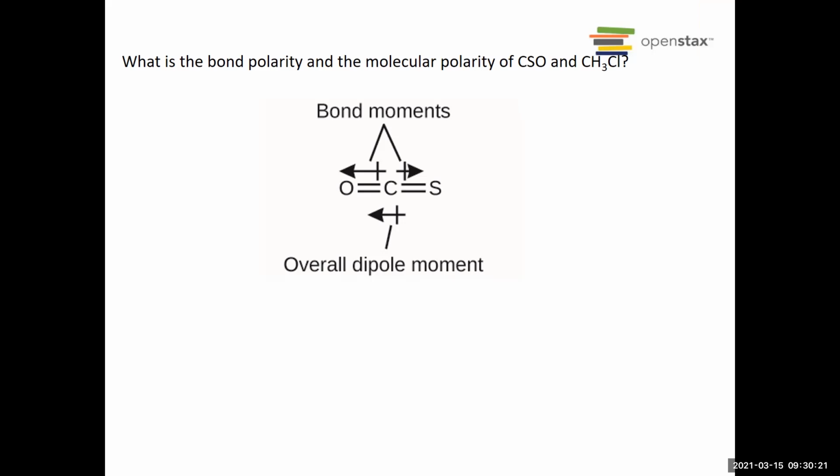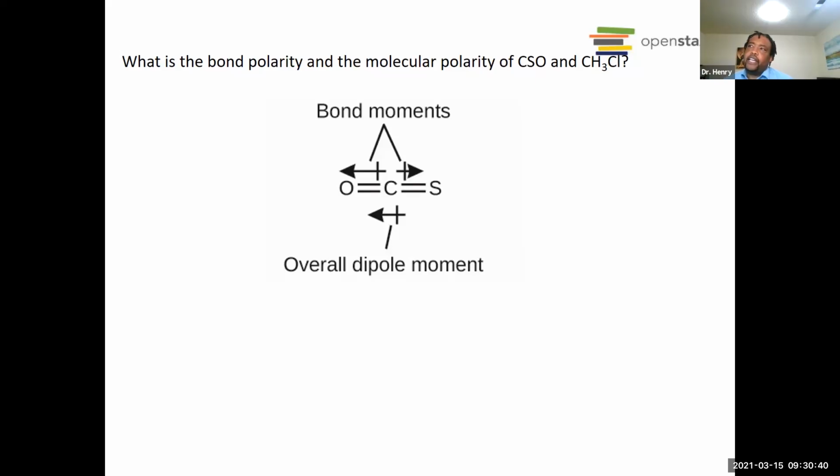Dr. Henry, on this one, how did we know that oxygen would be the most popular one? How do we know that it was going to have a stronger pull than sulfur? Because we know that it has a stronger electronegativity, right?